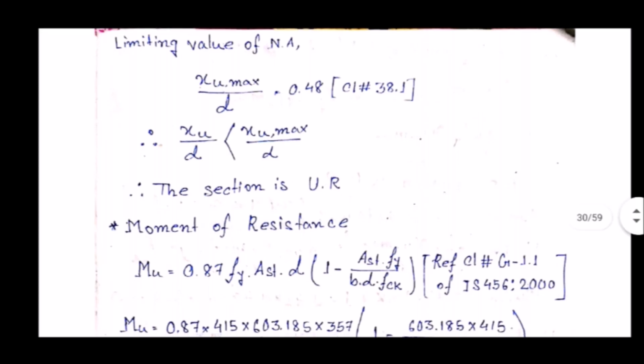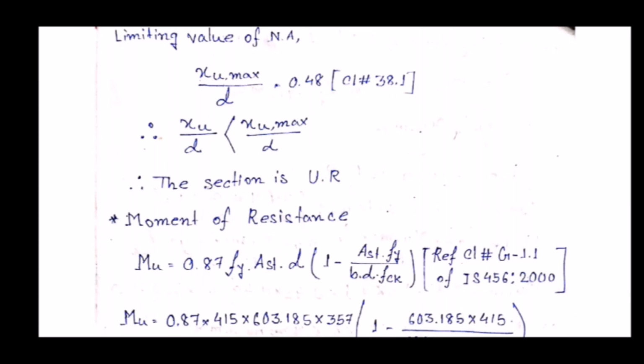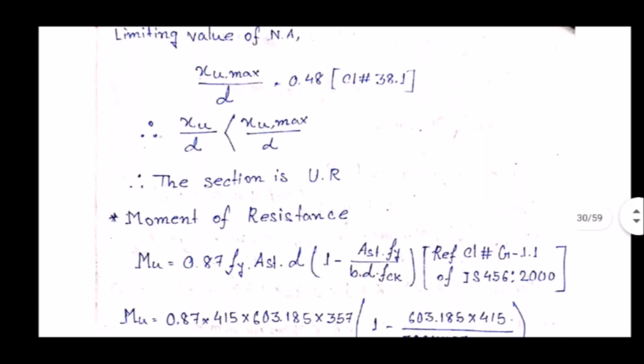Now the moment of resistance is what is asked in the question, and the formula we get from Annex G of IS 456 2000. As I said earlier, the detail of this formula is given in the previous lecture. You can get it from the description box. The formula for an under-reinforced section: Mu equals 0.87 fy Ast into d, within bracket 1 minus Ast fy by b d fck.